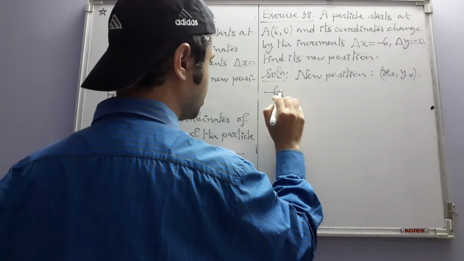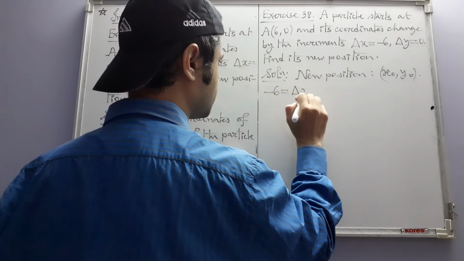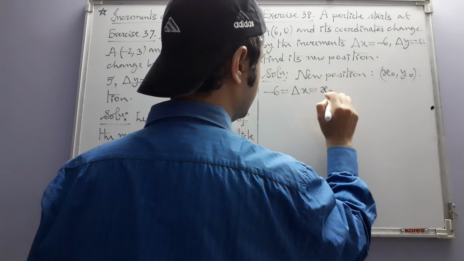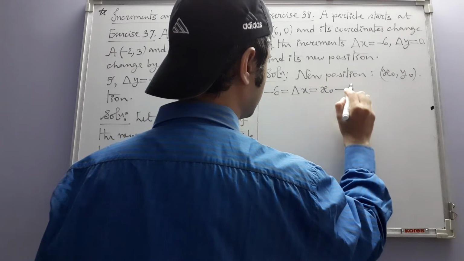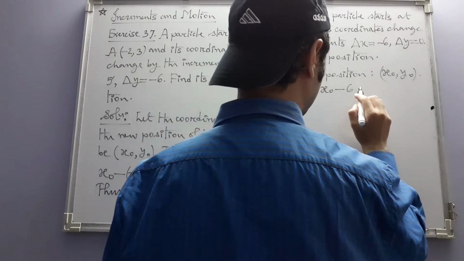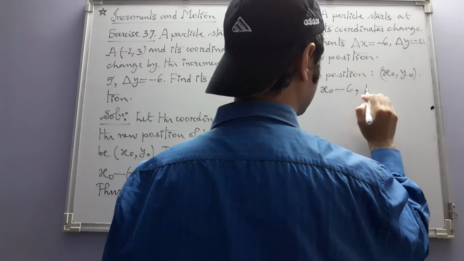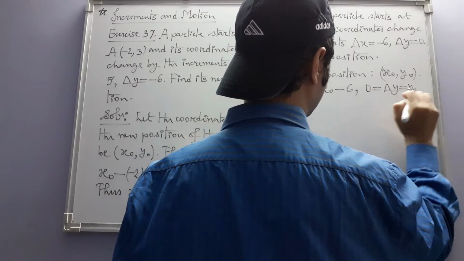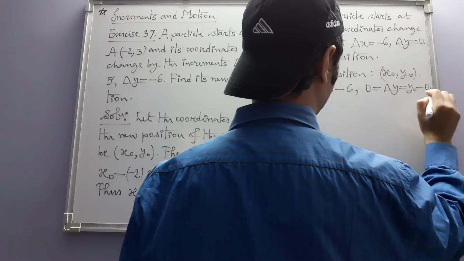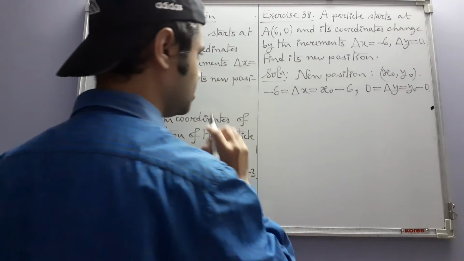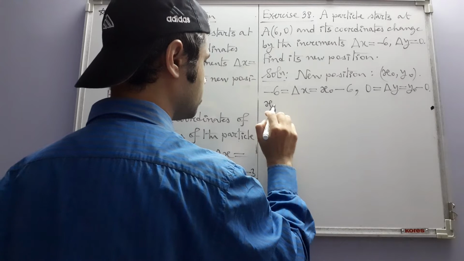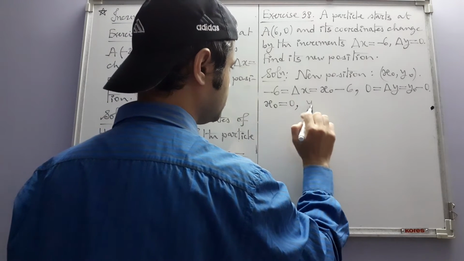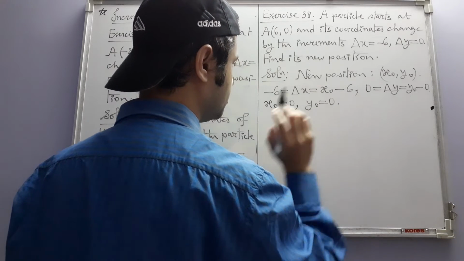Then minus 6 is delta x, which is new x coordinate minus old x coordinate, and 0 is delta y, which is new y coordinate minus old y coordinate, which is 0. From these two things we get x naught equal to 0 and y naught also equal to 0.